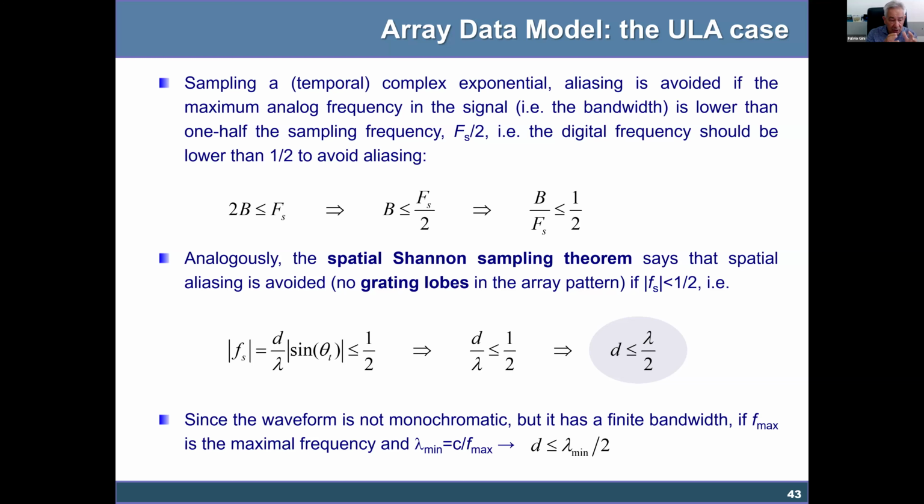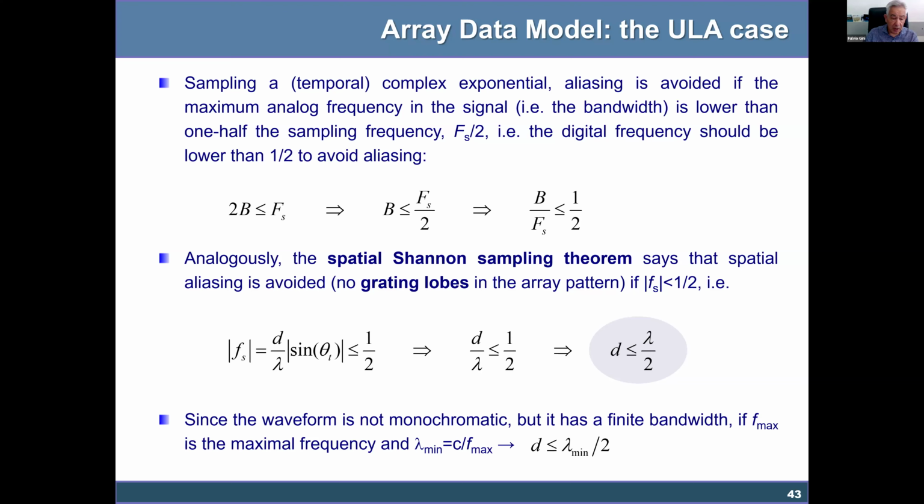So the signal should have limited bandwidth, and the sampling frequency should be at least twice the bandwidth. If you start from this relationship and express it in terms of B divided by the sampling frequency, you get that the bandwidth normalized to the sampling frequency should be smaller than 0.5.